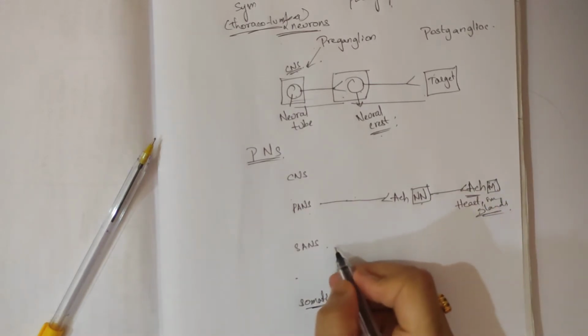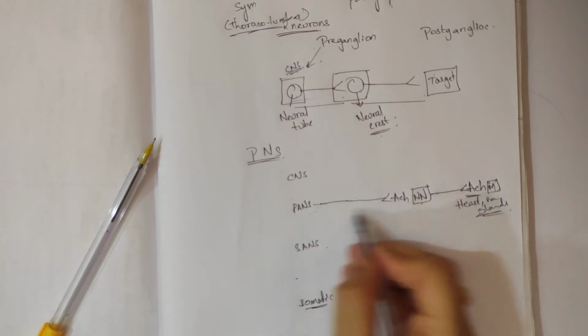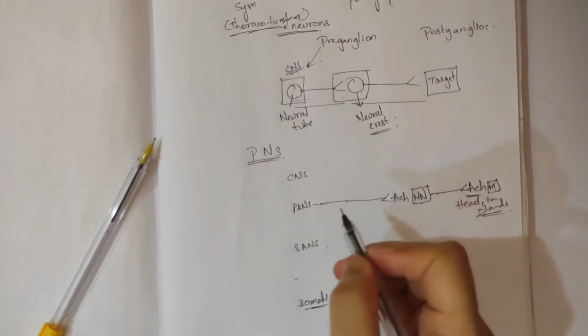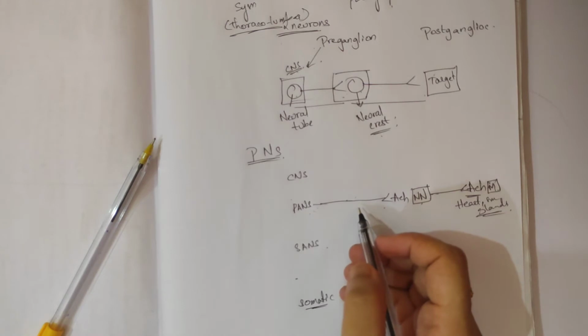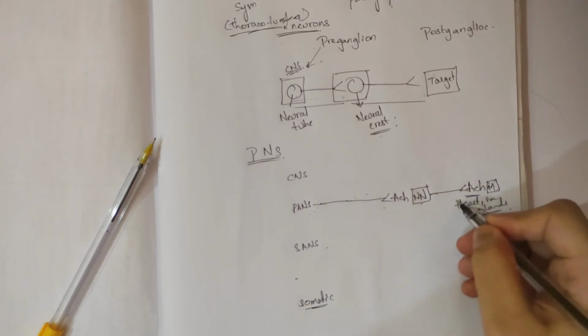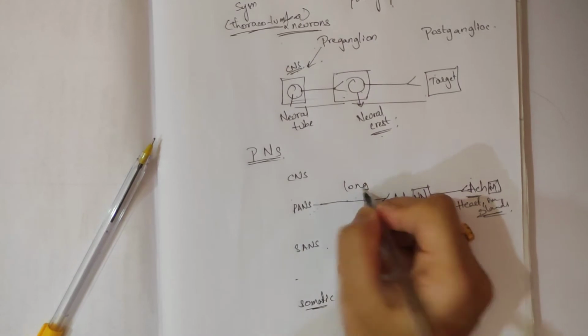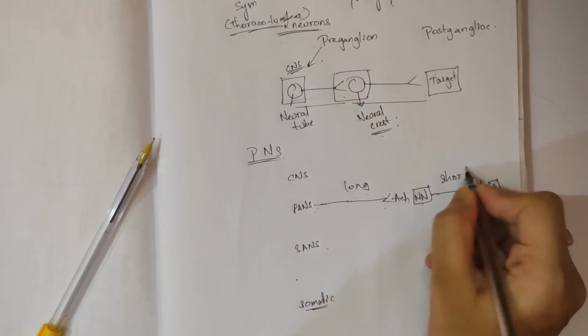And for sympathetic, I draw this very long here because the preganglionic is long in the parasympathetic and the postganglionic is short. This is long and this is short.